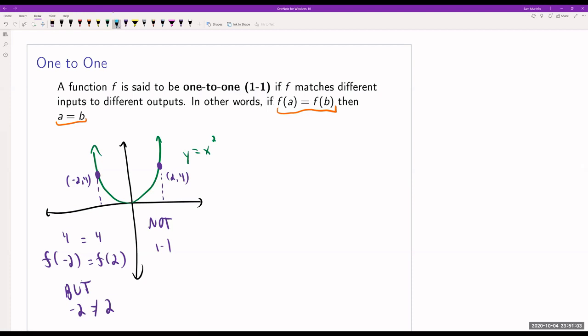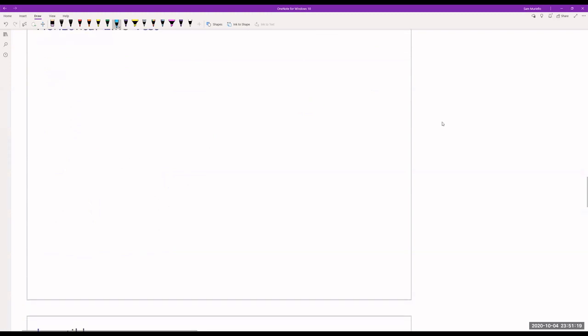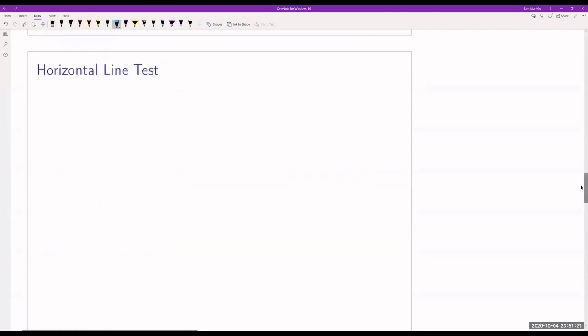Now, thinking visually what this looks like, two different x values with the same y value are horizontally across from each other. That means that graphically, I can know whether a function will be one-to-one with something called the horizontal line test.